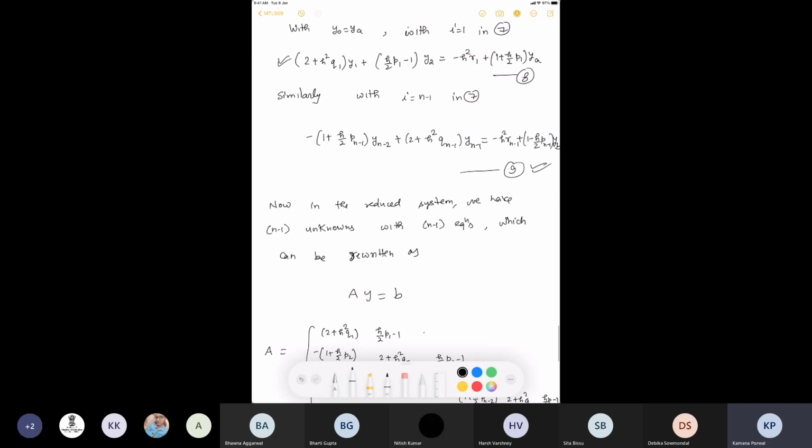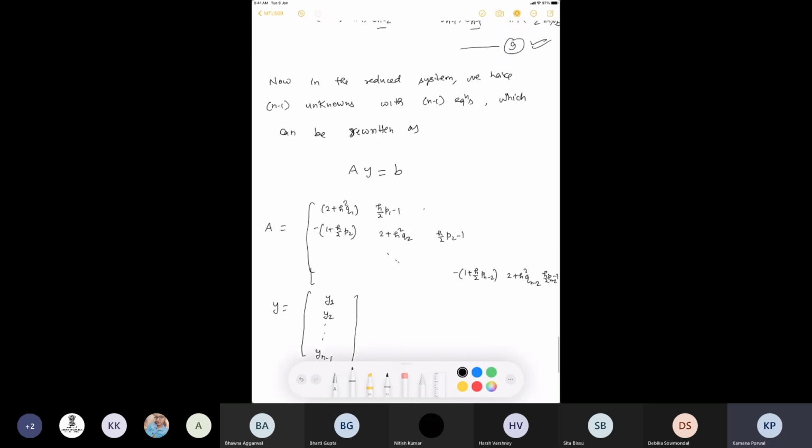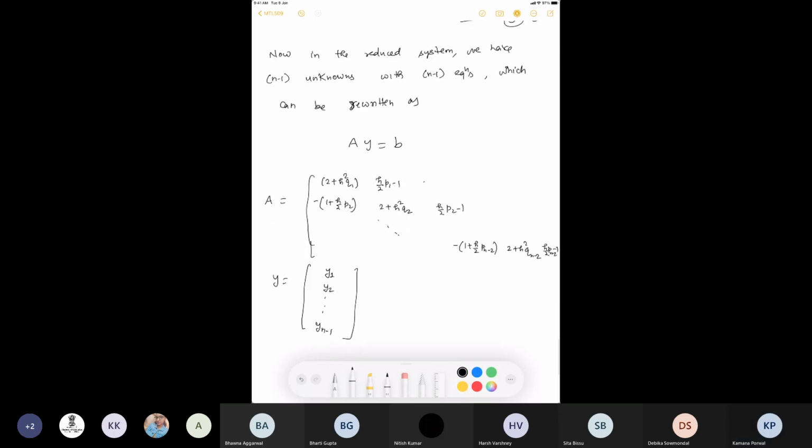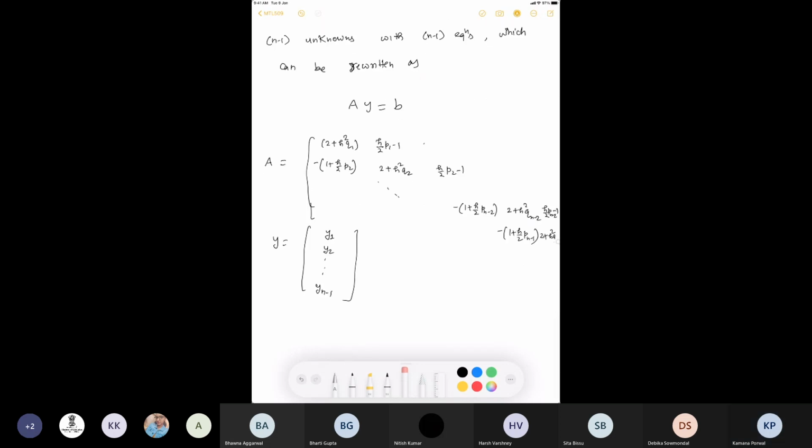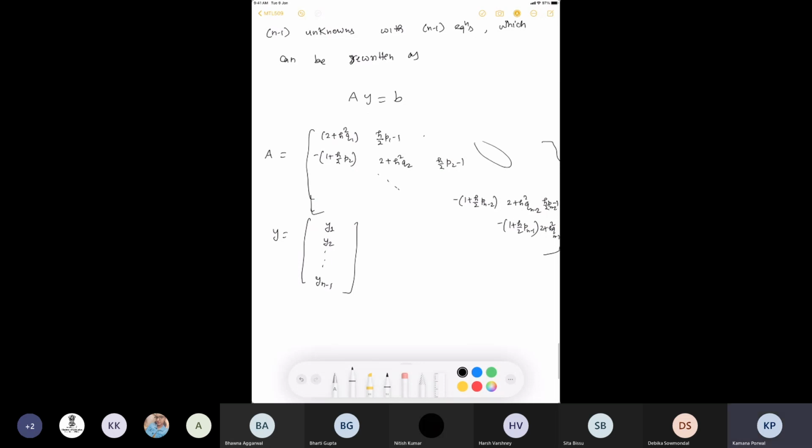So I have the coefficient of y_{n-2} and y_{n-1} only. So I'll be getting it as (-1 + h/2 p_{n-1}) and then (2 + h² q_{n-1}). Okay, so this is the matrix I get, and all the rest of the entries are 0.